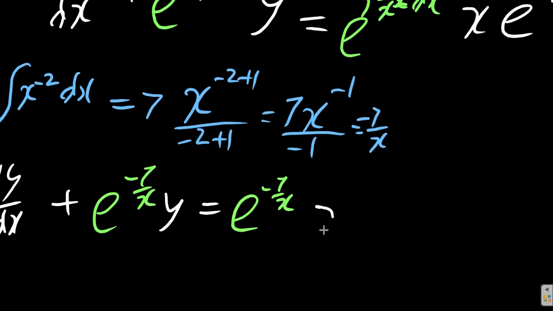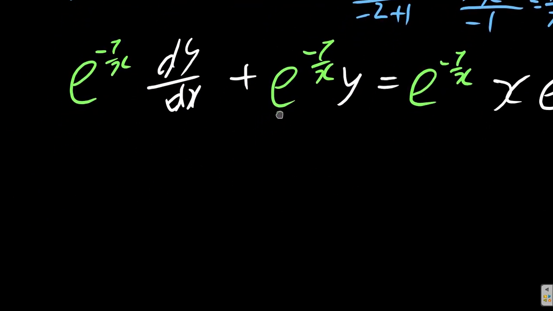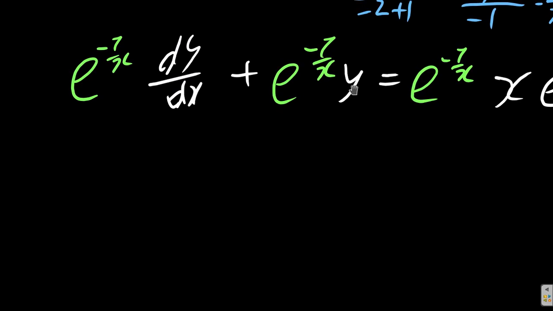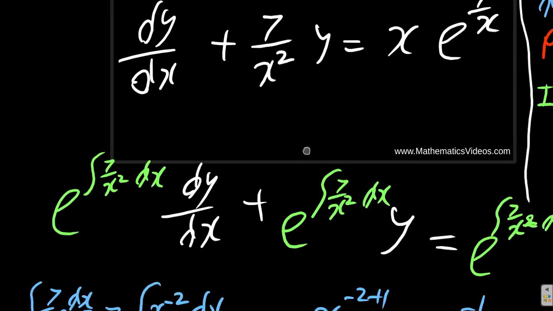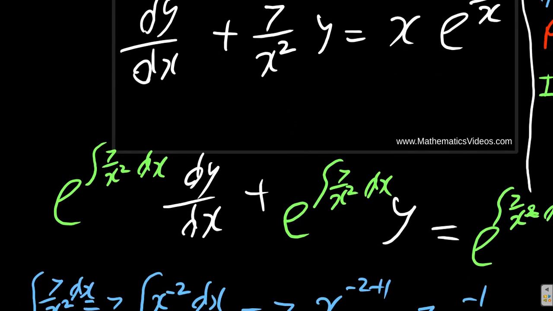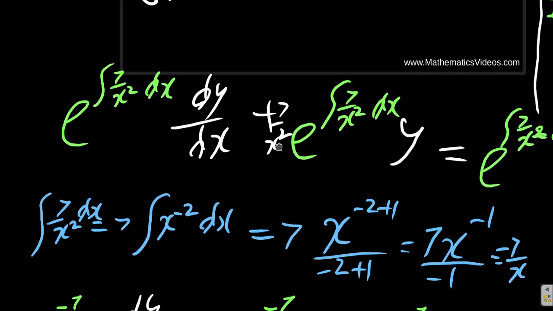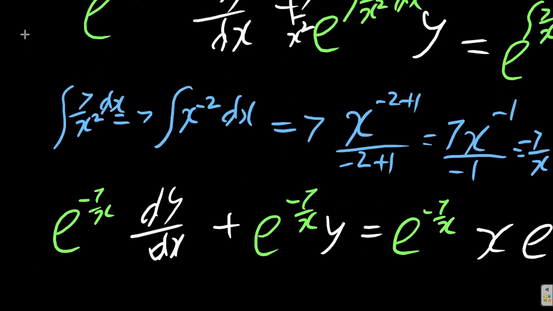This is x e to the 7 over x. Alright, so let's examine what's going on the left hand side here. Oh, I had left out the 7 over x squared. I need to write it back. 7 over x squared should come here.